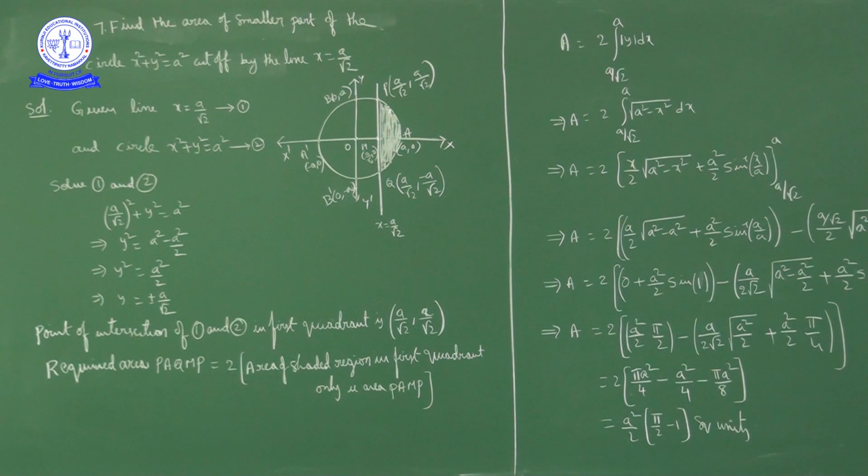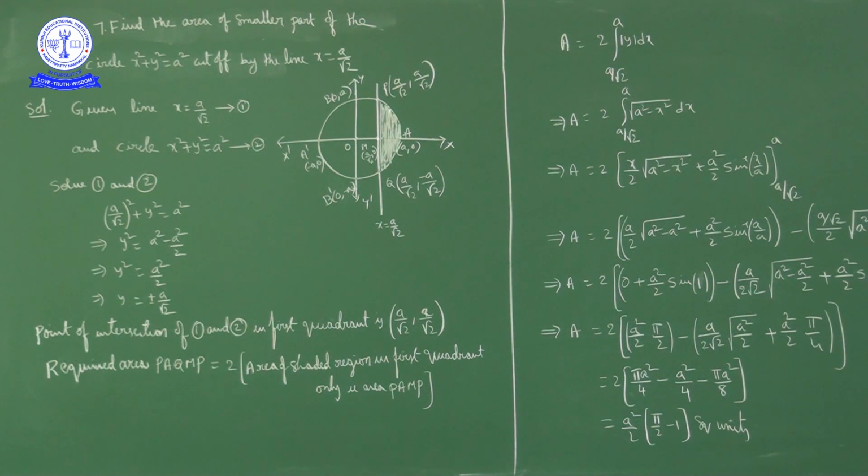Now instead of calculating this entire area, simply calculate the shaded region area in the first quadrant and multiply by 2. So the required area PAQMP is equal to 2 times the area of the shaded region in the first quadrant only. First quadrant only means the area under PAMP. So 2 times the area under PAMP.